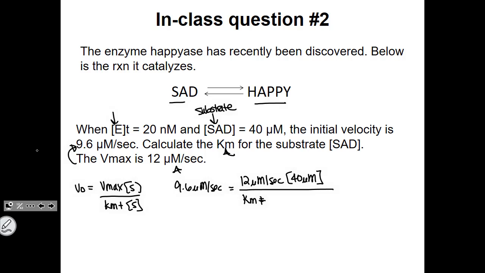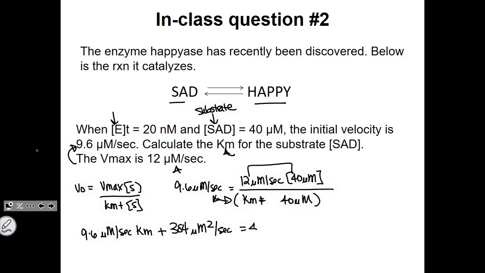Plus 40 micromole. Okay? You multiply your denominator by 9.6, and so you're left with 9.6 micromole per second times Km plus 40 times 9.6, I get 384 micromole squared per second, is equal to, you multiply these two together, 480 micromole squared per second.